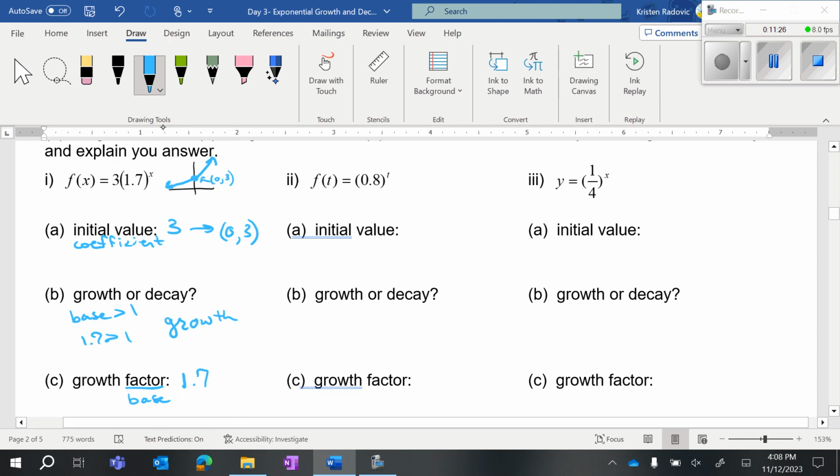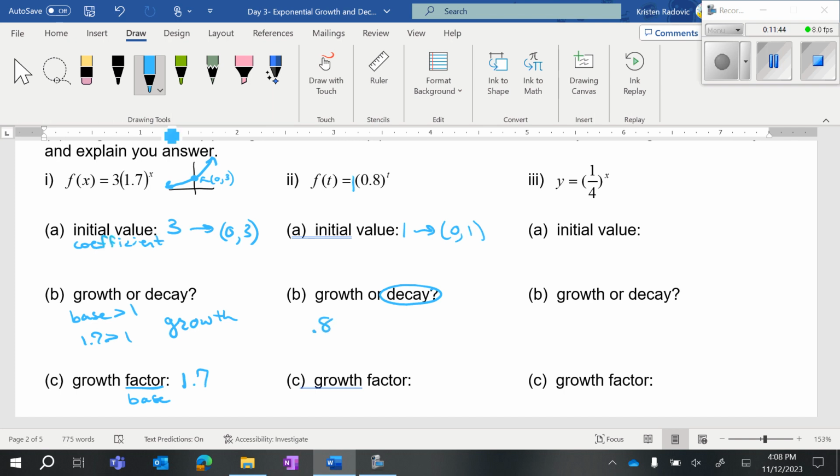Try the next one. This next one has an initial value, which is your coefficient, of 1. On a graph, that would be 0, 1. This is going to be a decay function because 0.8 is less than 1.